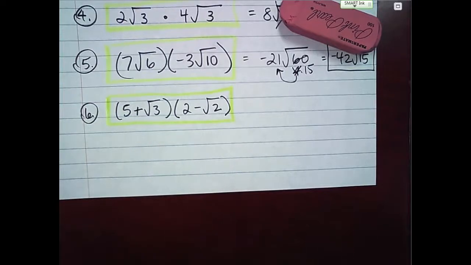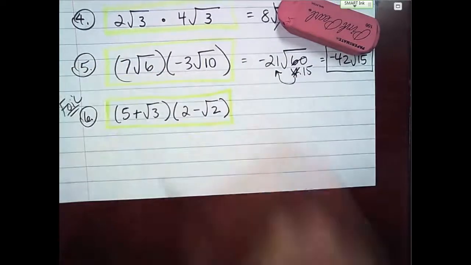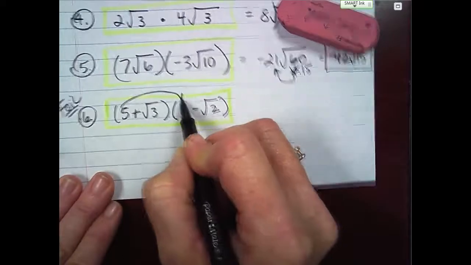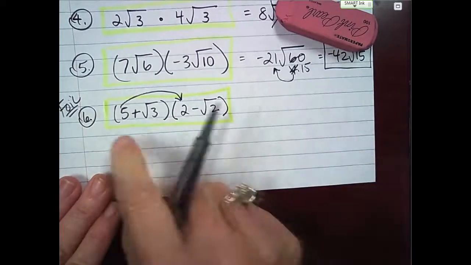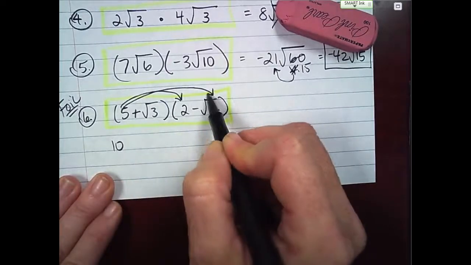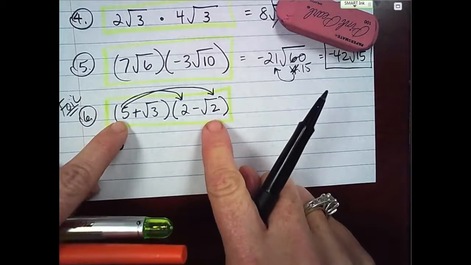Binomial. Yep, you gotta FOIL it. Try it. A 5 and a 2. Okay, if you struggle with this, watch. A 5 and a 2 is going to give me 10. But this is actually different. This is a 5 and a negative root 2. Right? That root 2 is negative.